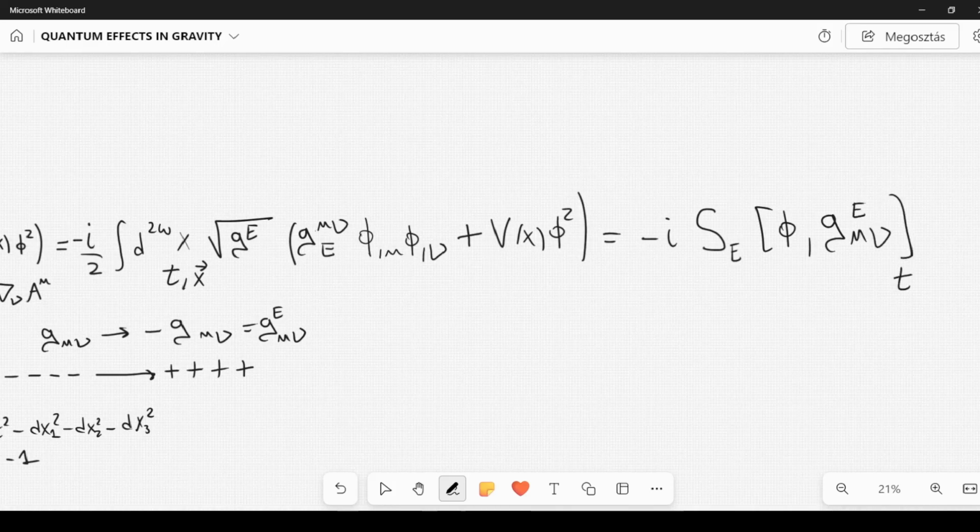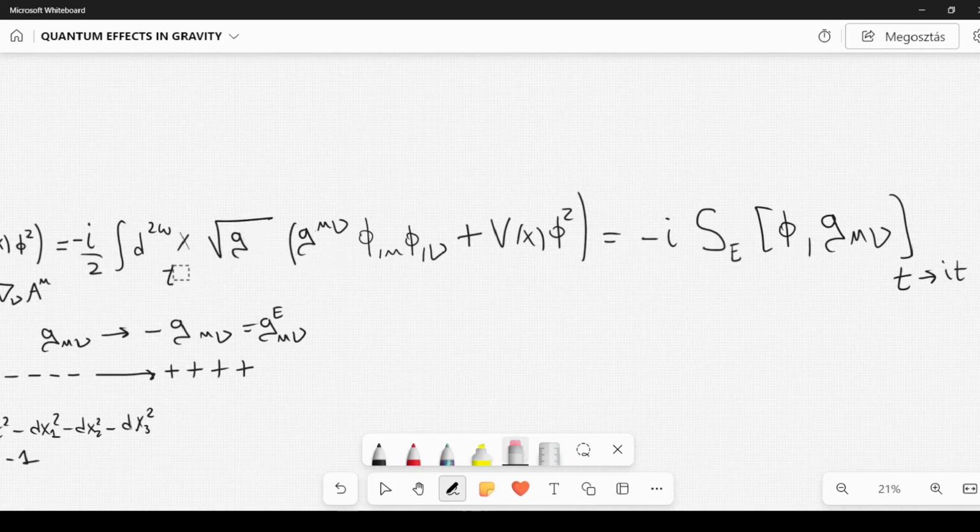And remember that we have changed t to iτ, and we changed the metric g_{μν} to g^E_{μν}, but I will not write it. And also let me tell you that in the following I will simply drop this index E, because it is just something that makes the notation more cumbersome.